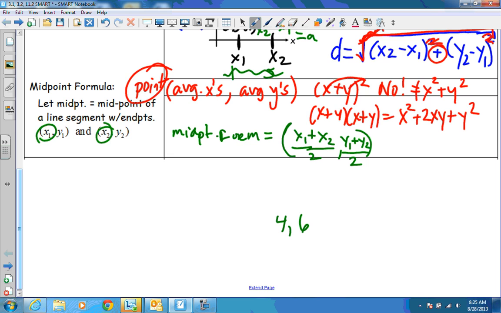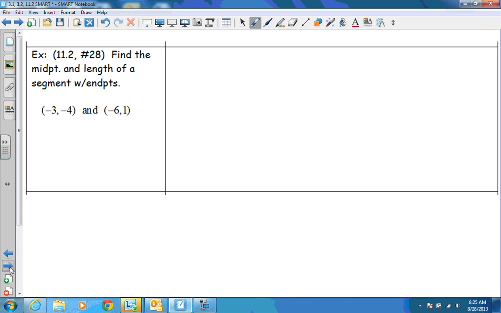Okay, so let's do an example where we're going to find the midpoint and the distance. So here are 2 points. Let's find the midpoint first. Be sure it is a point. If you don't have parentheses, is it a point?